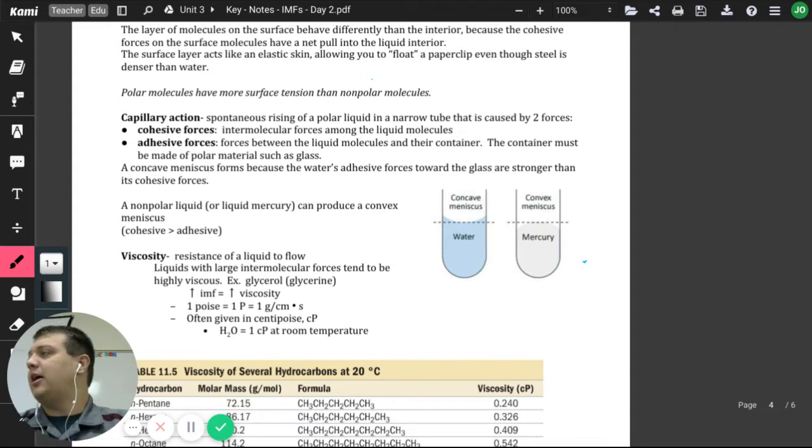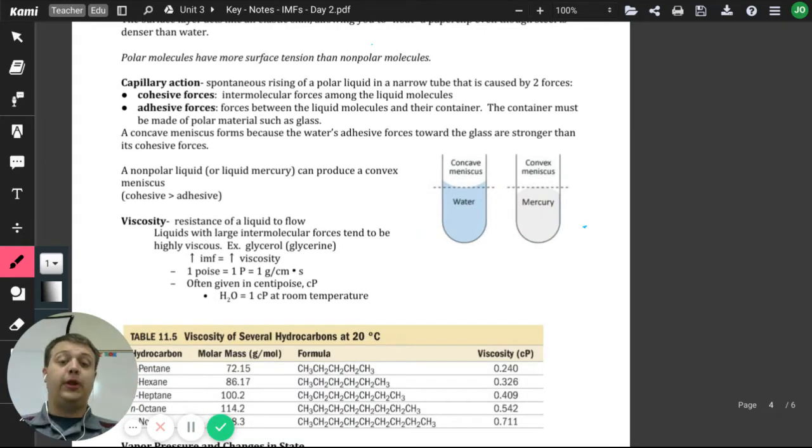Now, if I take something like water, well, water is not very viscous, right? If I turn it, it basically immediately turns to the exact thing that it was. So if I take water and turn it on its side, what do you notice about the water?